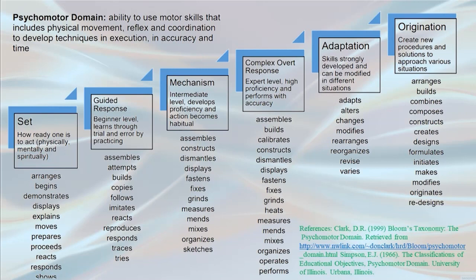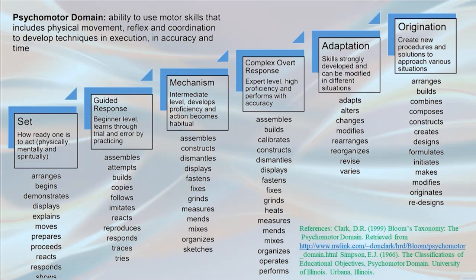In the next level, which is guided response, a student is a beginner and learns through trial and error and by practicing. For example, a student follows a manual to run a machine or tries to do a procedure step by step as he observed before from, for example, his or her mentor.